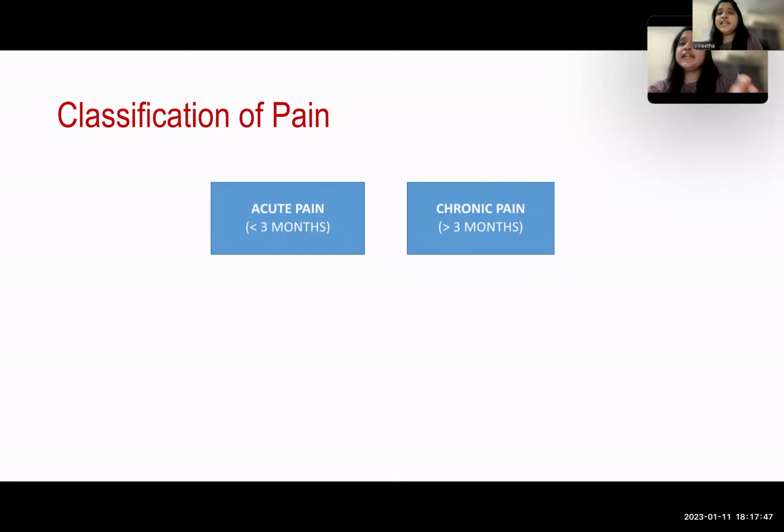It is divided into acute pain and chronic pain. Any pain with duration less than 3 months is acute, and more than 3 months is classified as chronic.